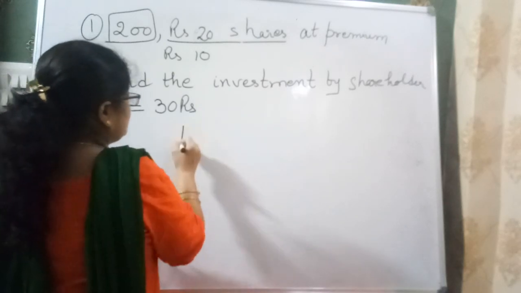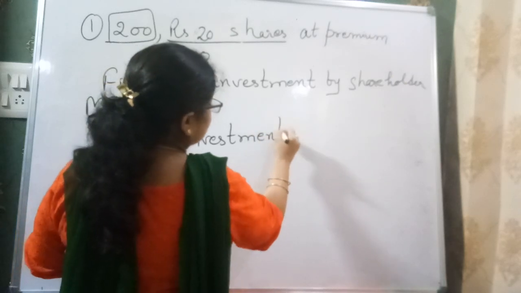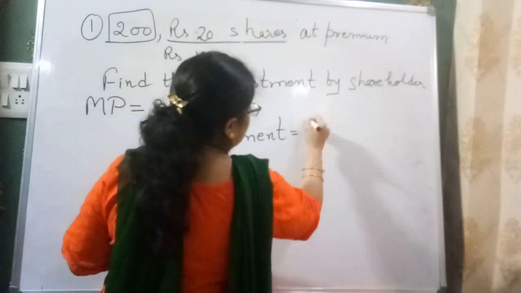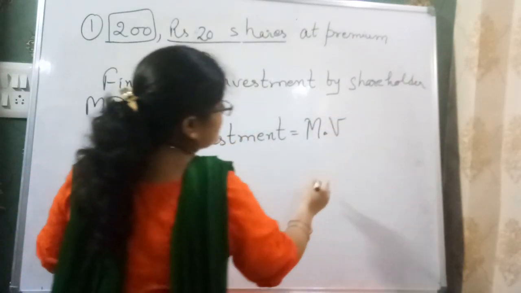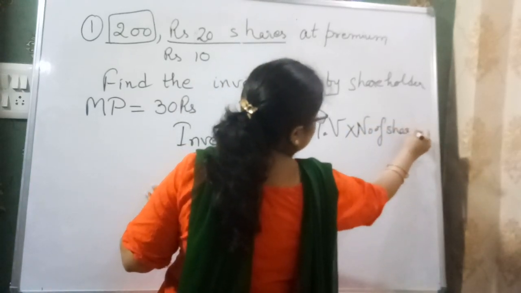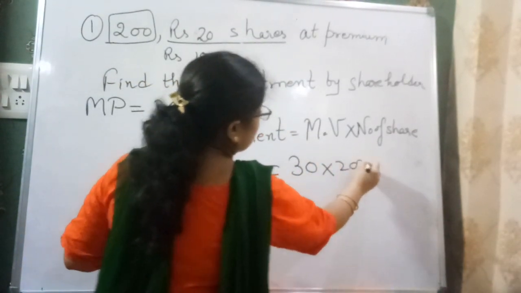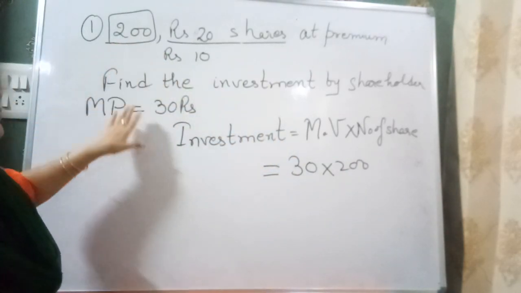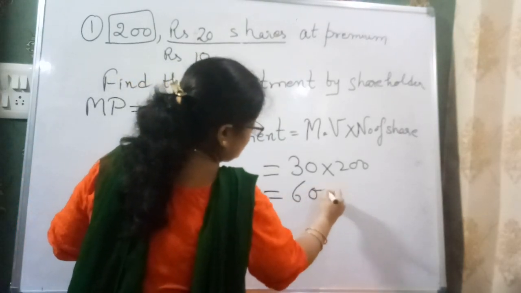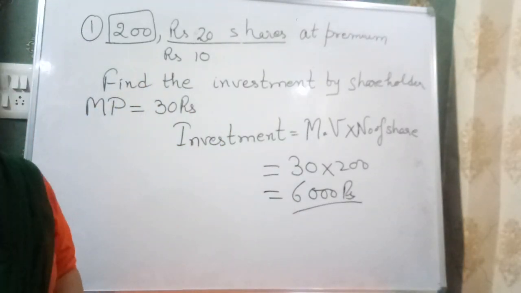So whenever we evaluate the total investment, we multiply the market value of the share with the number of shares. That means 30 into 200, which is 6,000 rupees. The shareholder has invested rupees 6,000.